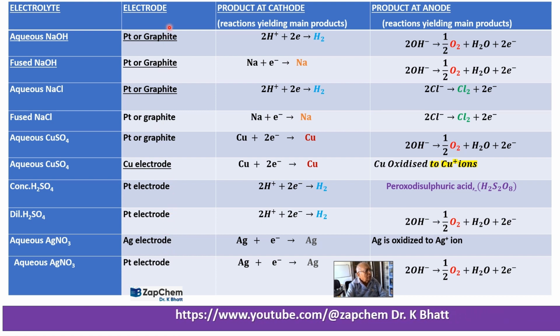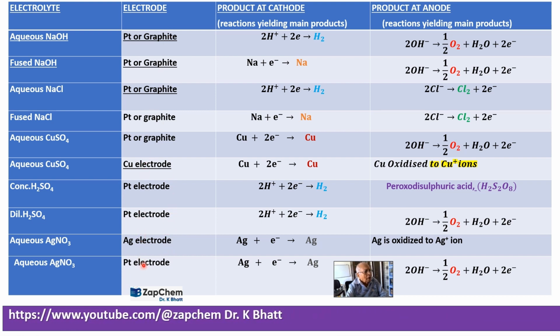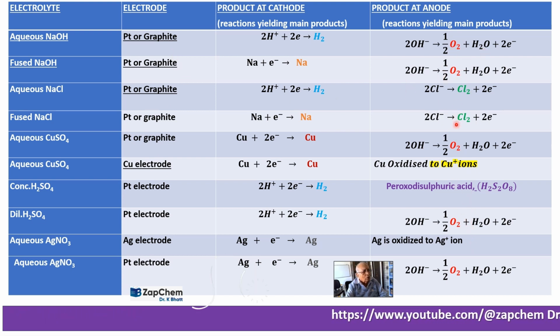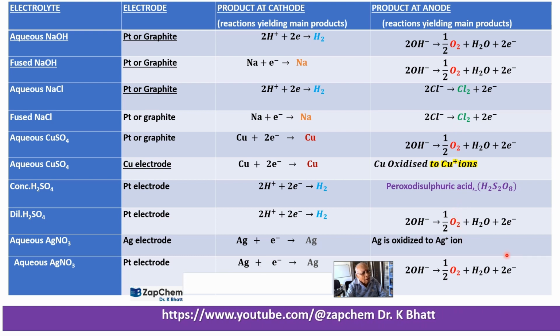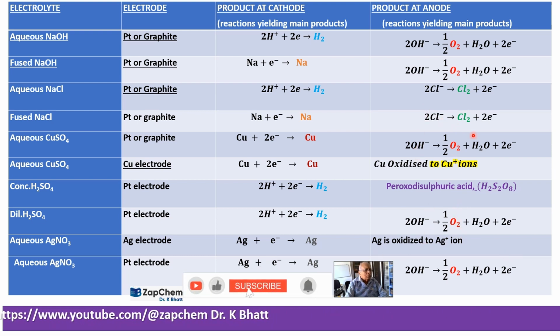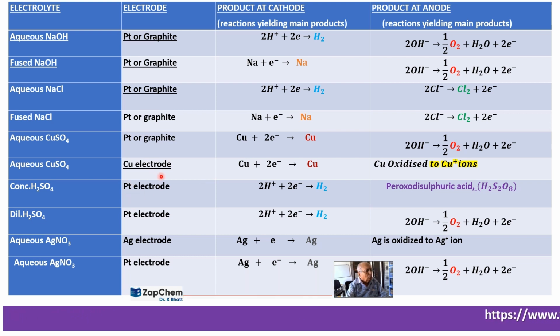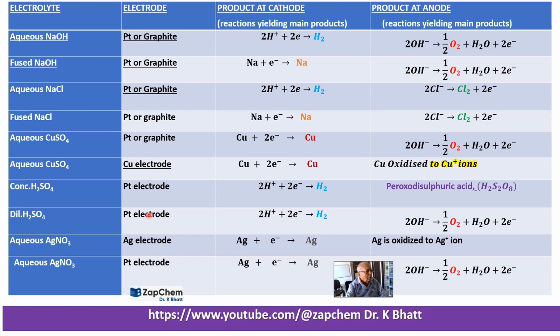Well, these are a few electrolytic products of decomposition given over here. Mostly it is oxygen, chlorine, and in certain cases where an active electrode like a copper electrode is used, it may undergo reaction. Well, there is one more point about concentrated sulfuric acid.